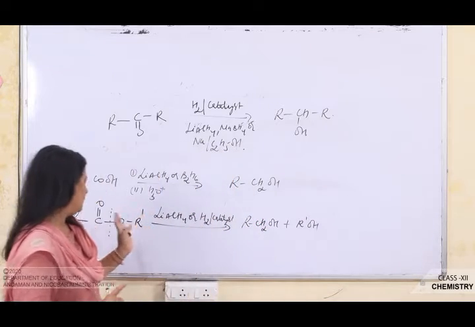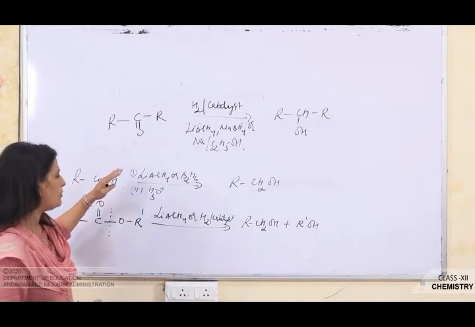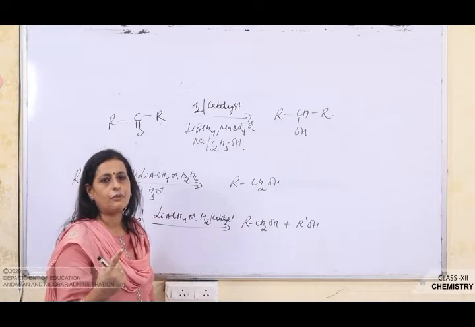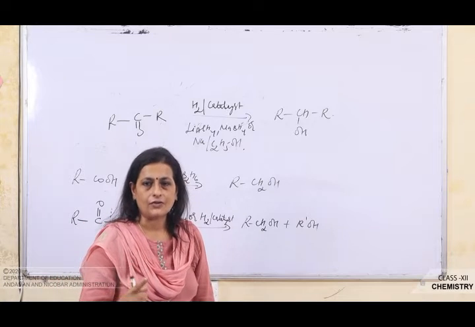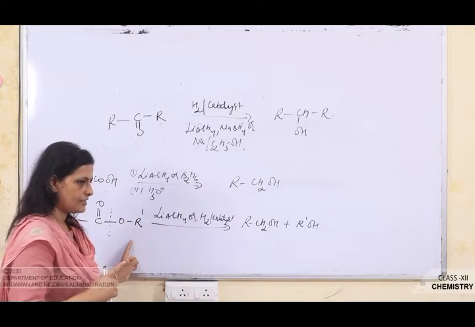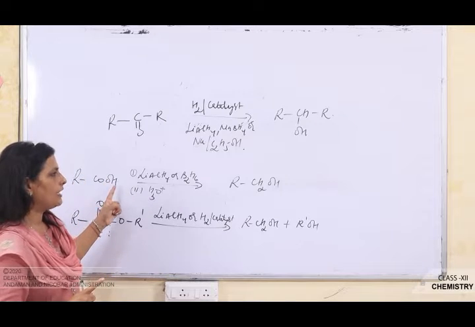Okay, is it clear? So esters on reduction you are getting primary alcohol, carboxylic acid also on reduction you are getting what? Primary alcohol, aldehydes on reduction also you get primary alcohol, and ketones on reduction you are getting which alcohol? Secondary alcohol. Sodium borohydride will not reduce carboxylic acid and esters. Even hydrogen in presence of a catalyst also will not reduce what? Carboxylic acid.